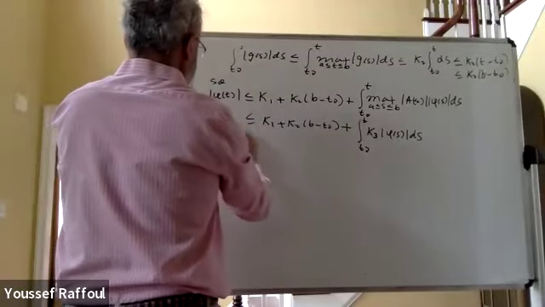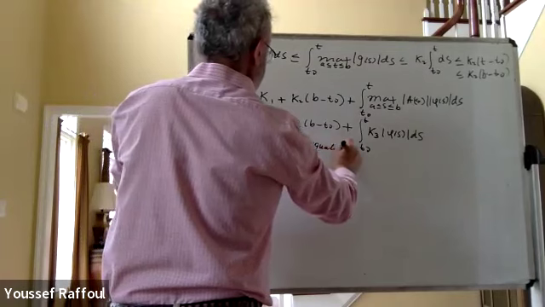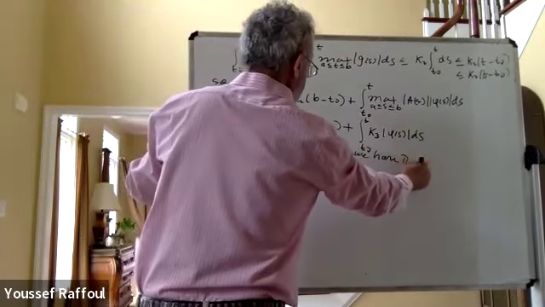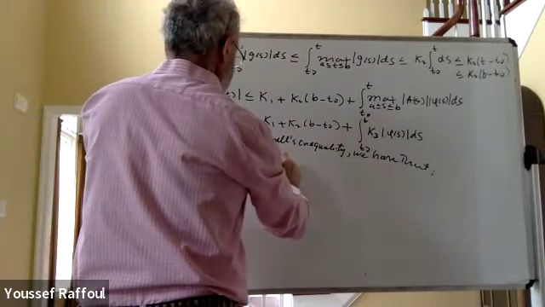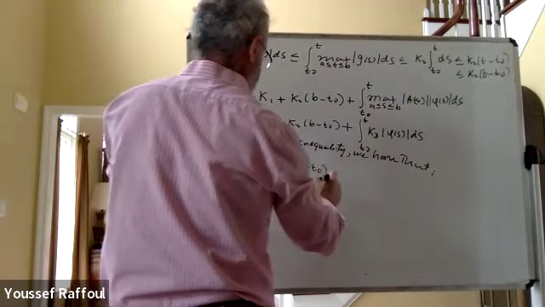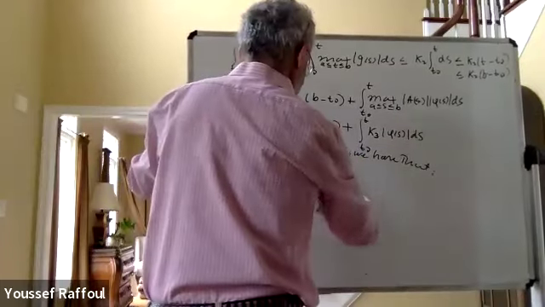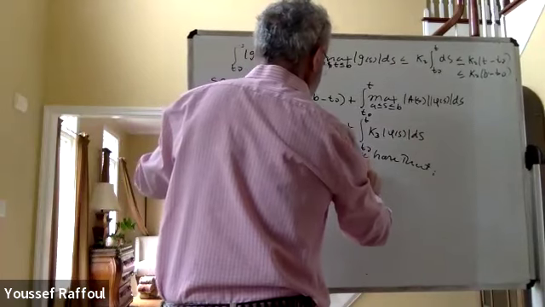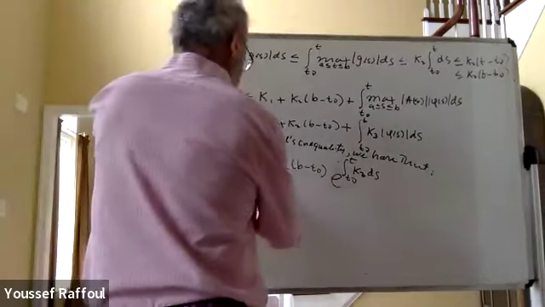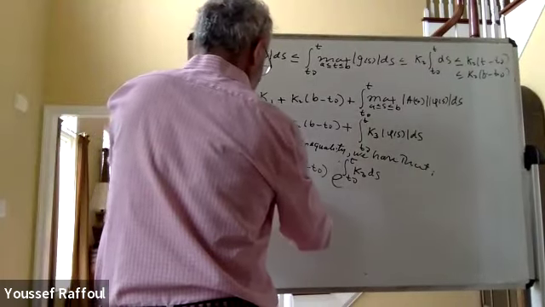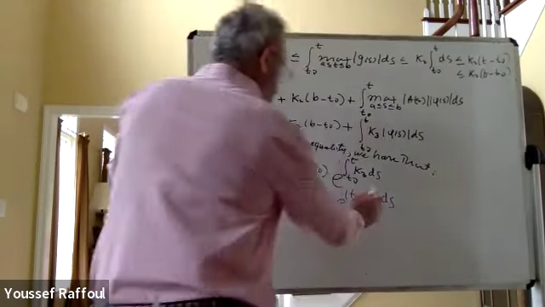Then, by Gronwall's inequality, we have that phi of t is less or equal to K1 plus K2 (b minus t naught) times the exponential of the integral from t naught to t of K3 ds.